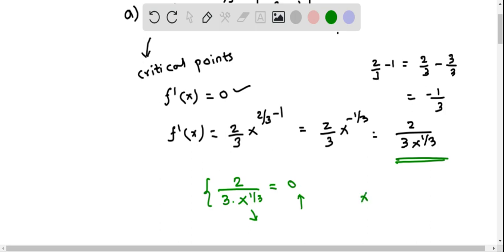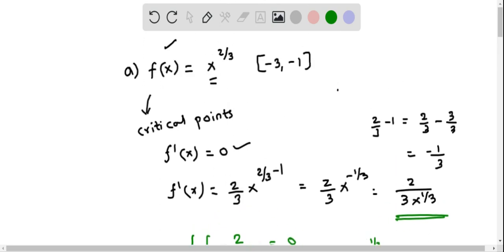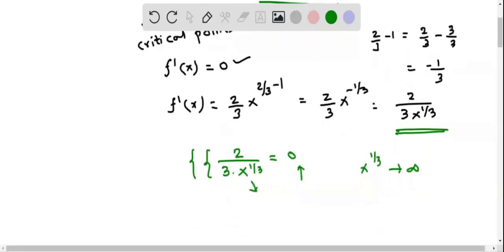So clearly only when x raised to the power 1 third approaches infinity, this complete fraction becomes 0. However, in the given interval, this infinity is a very large quantity, and it is not lying within this interval. So we can say that there is no critical point for this function.